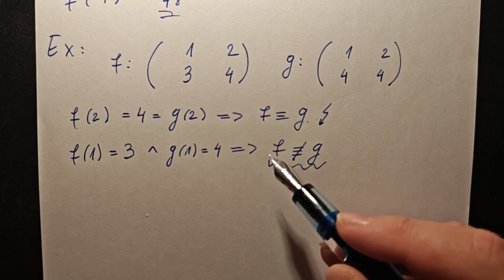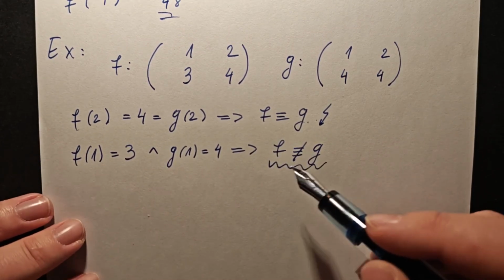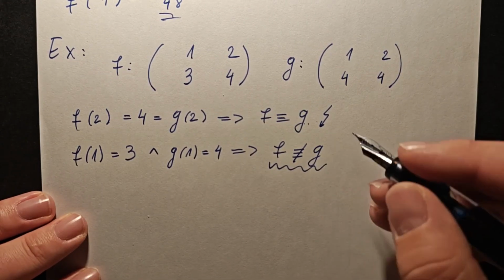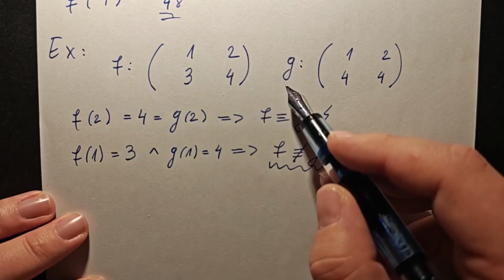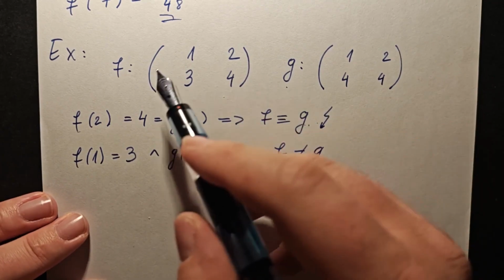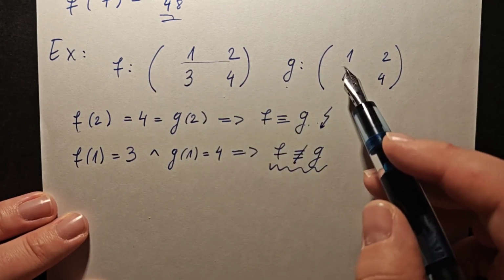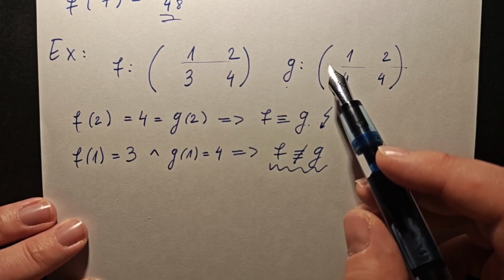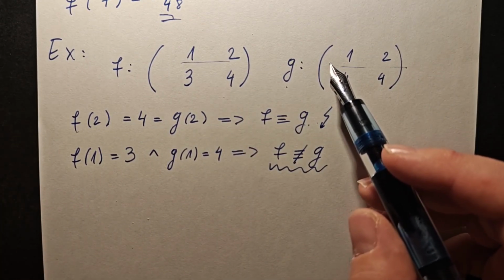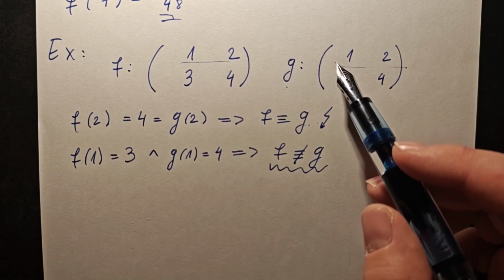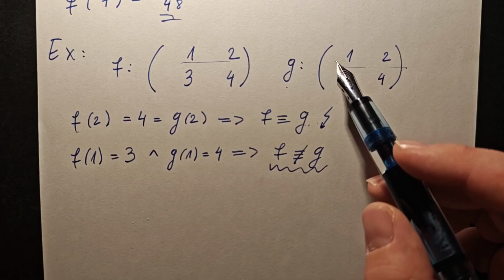You can take one specific value to prove that two functions are different. But if you want to prove that functions are the same, well, you have to prove that they are the same for every number in their domain. In this case, that is not hard to do.